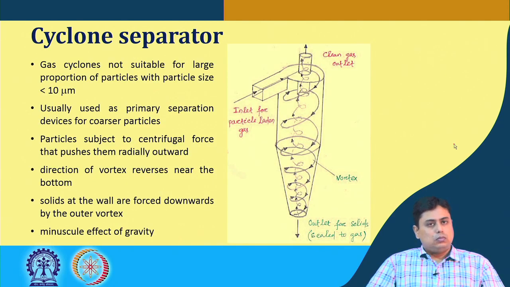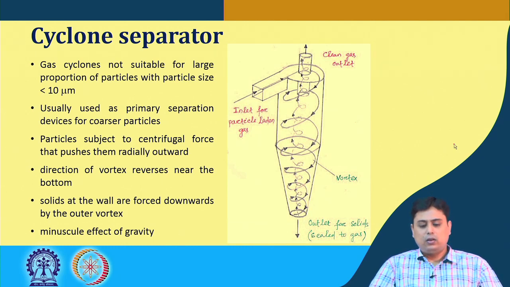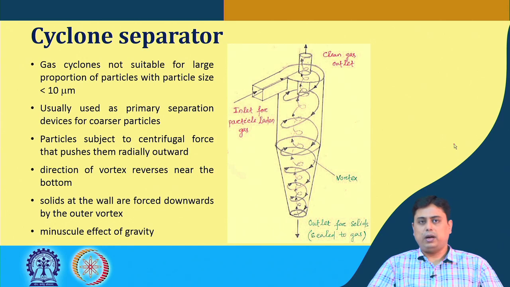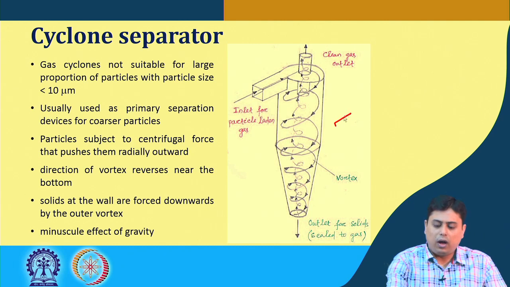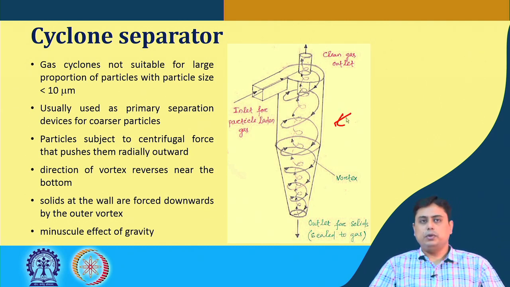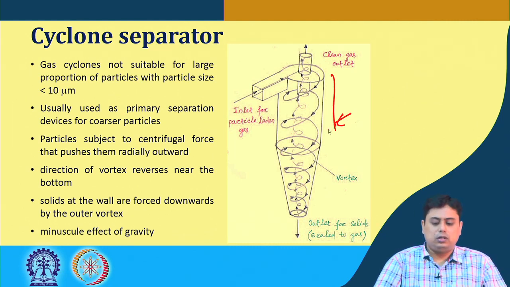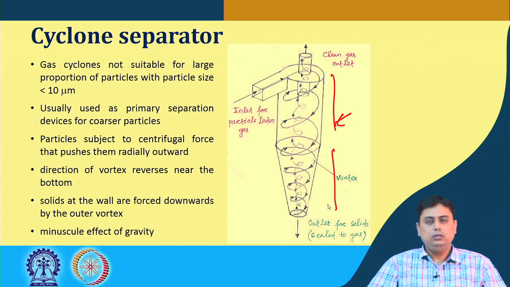Now, as I mentioned, this gas cyclone typically is not suitable for a large proportion of particles with particle size less than 10 micron, because its efficiency goes down. That is why it is typically used as a primary separation device for coarser particles, and this is the schematic of such a cyclone separator, where there is a cylindrical portion and a conical portion.